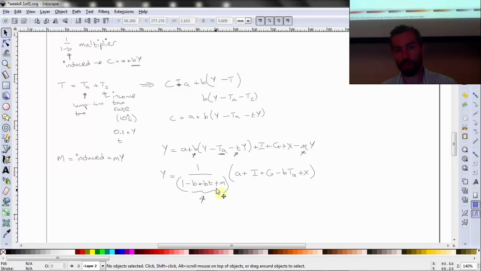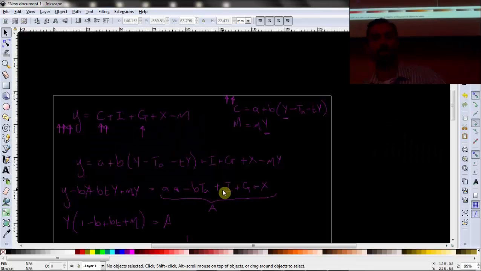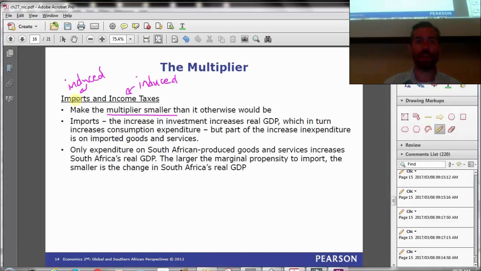And this whole fraction is our multiplier. So if we include tax rates and we include induced imports, then our denominator gets bigger, which means our multiplier gets smaller. Okay, so when we include induced imports and induced income taxes, then our multiplier gets smaller.